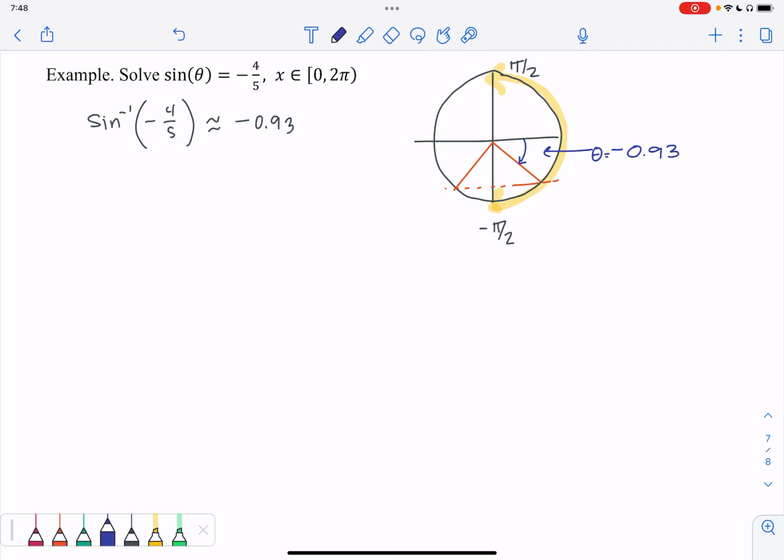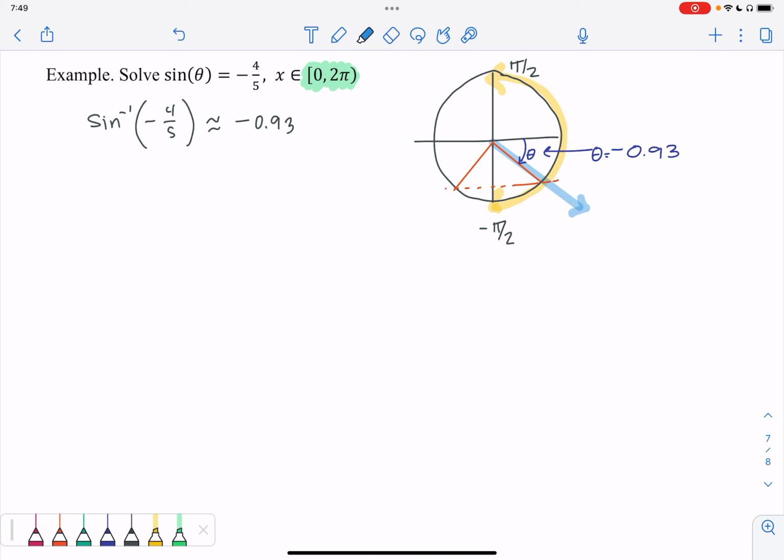Let's look at our interval: we have to say just the angles between 0 and 2 pi. So I want to name this angle, but between 0 and 2 pi.